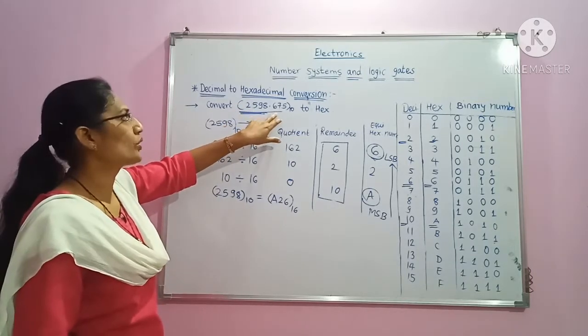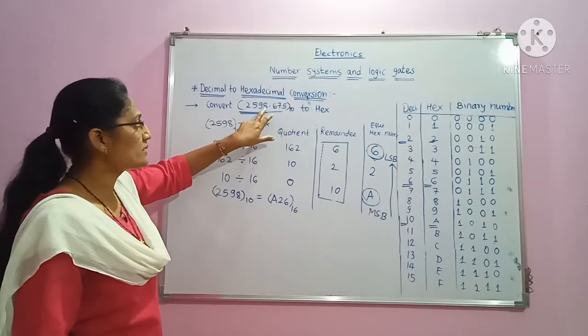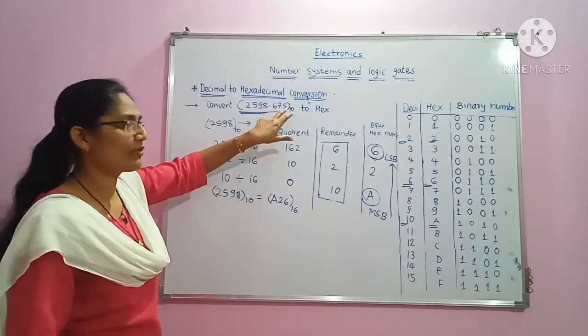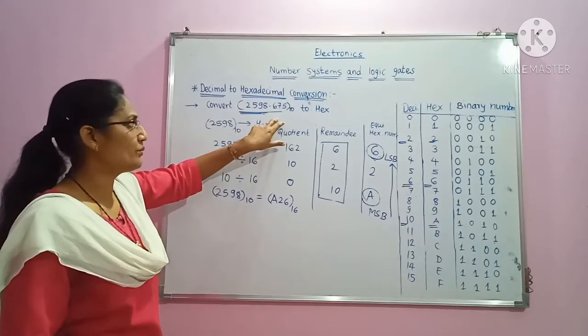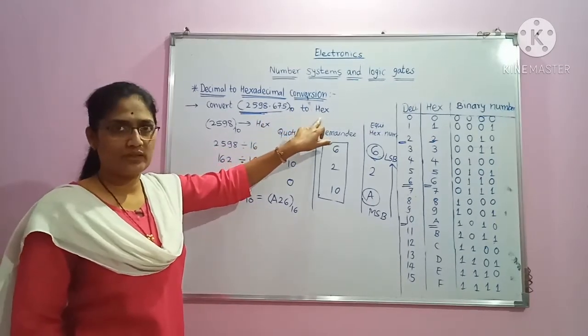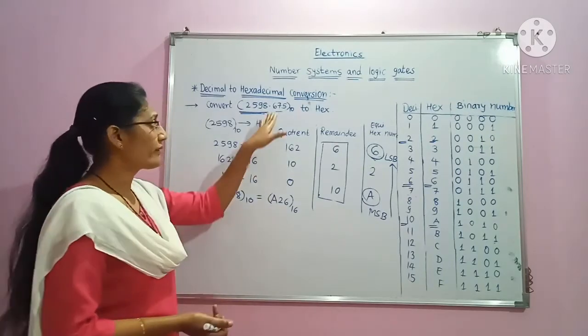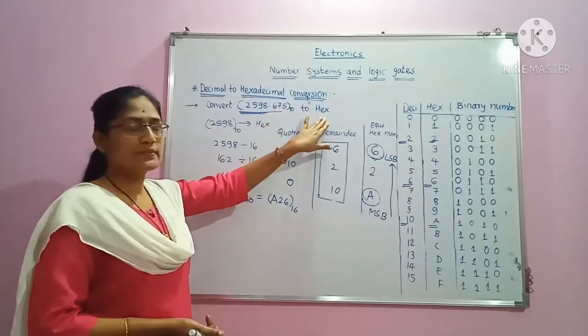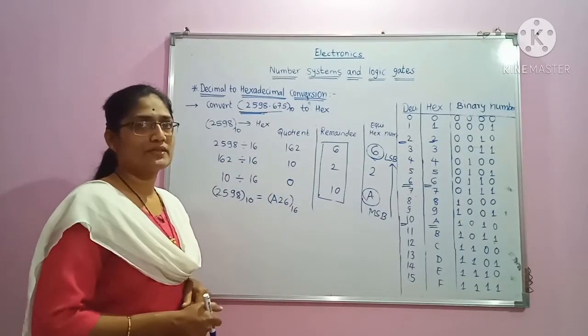Now we have to focus on the second part, that is the fraction part. So the fraction part is 0.675 and I have to convert this fractional decimal into its hex value. Just now I have told you that while converting a fraction value to its respective hex value, we have to multiply by 16.